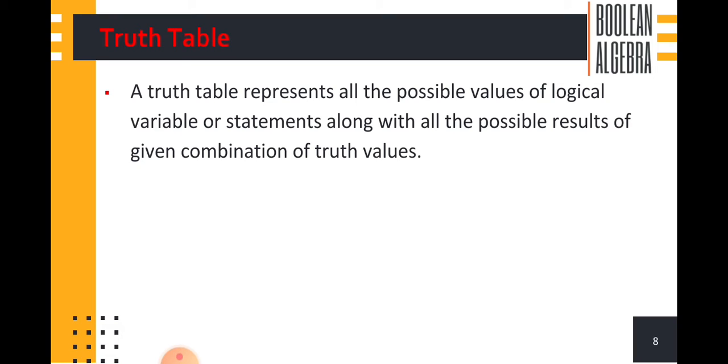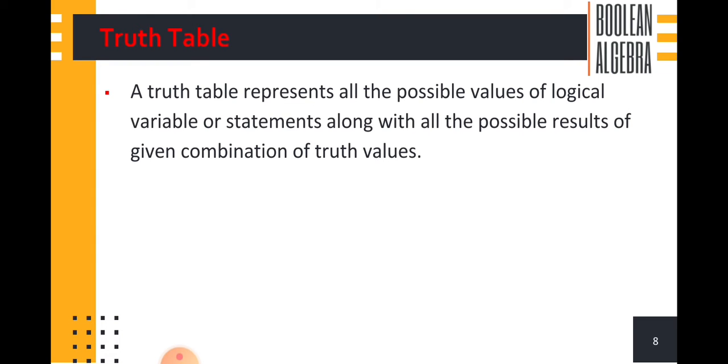The logical variables take the value true or false, and the table lists all possible combinations of truth values. What possible values we can give to the circuit, and what expected output we get, is specified by the truth table.